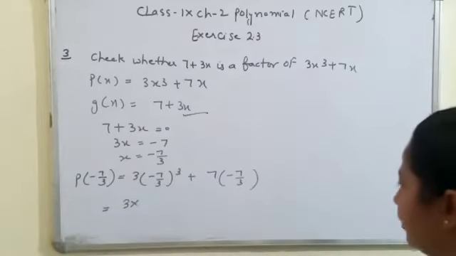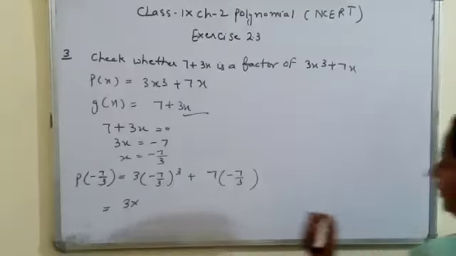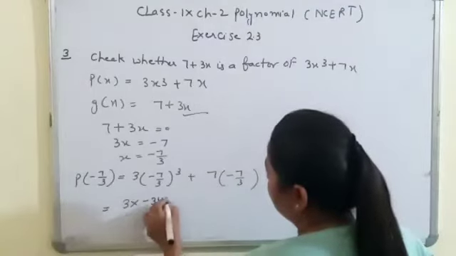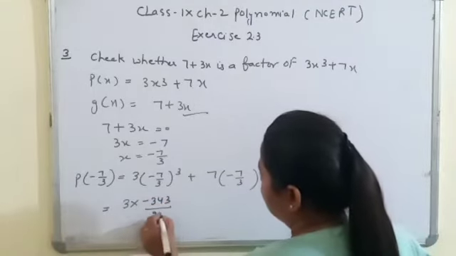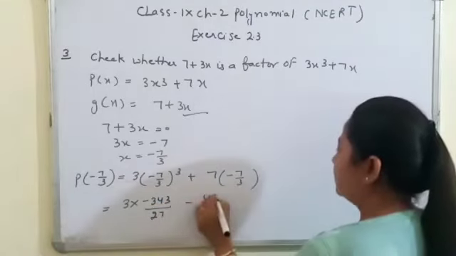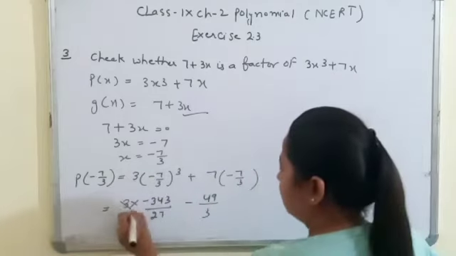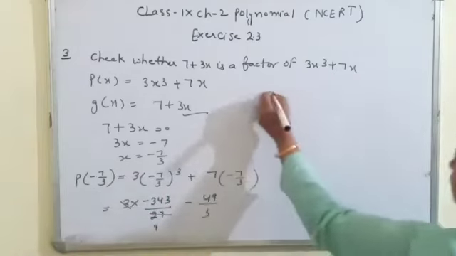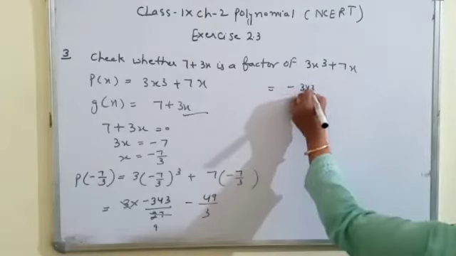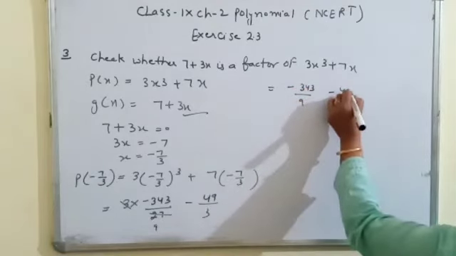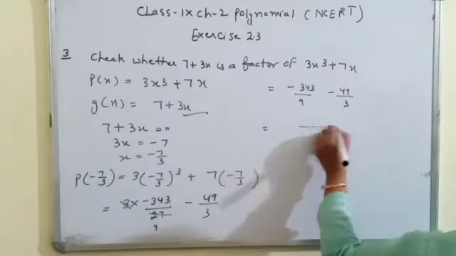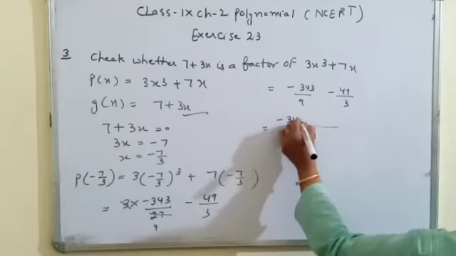7 sevens are 49 and 49 sevens are 343. And 3 cubed is 27, minus 49 by 3, we can cancel 3 from here. So what we have left is minus 343 by 9 minus 49 by 3. Take the LCM, that is 9.